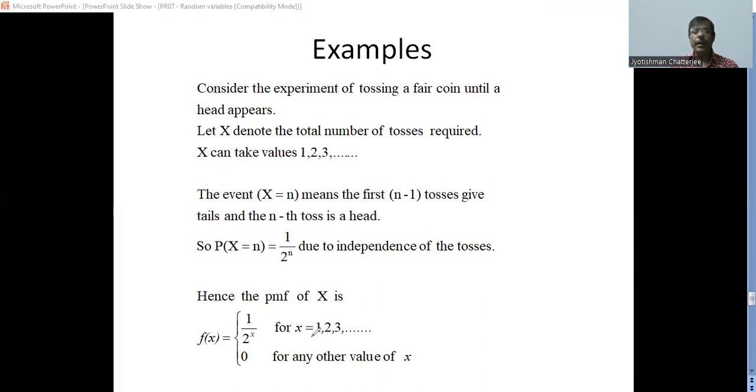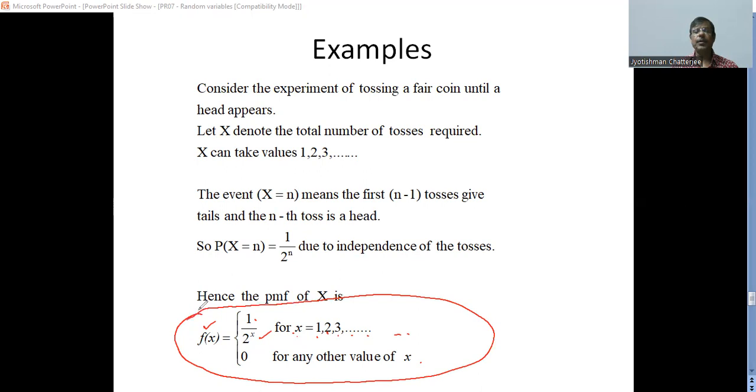See, for any possible value small x equal to 1, 2, 3, etc., f of x is given by the formula 1/2 to the power x, and it's 0 for any other value of x. So here is the final formula of the probability mass function for the random variable capital X.